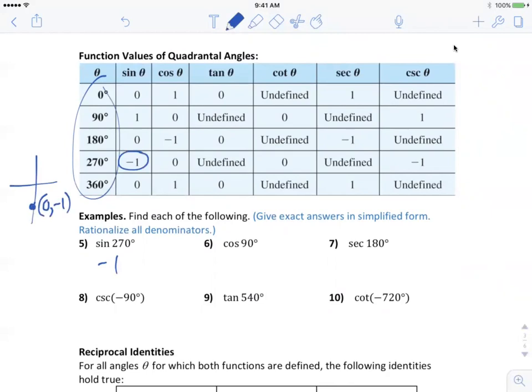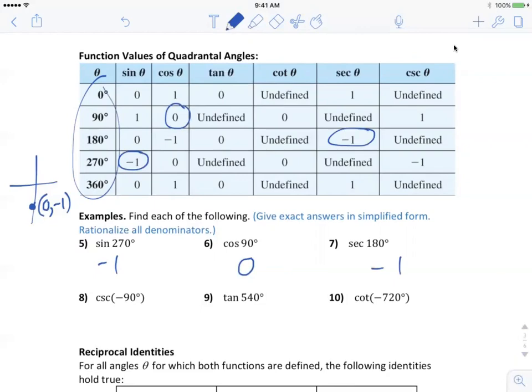Or just use the table. How about cosine 90? We just look these up. That's right there. That's 0. Secant of 180. There it is, -1.